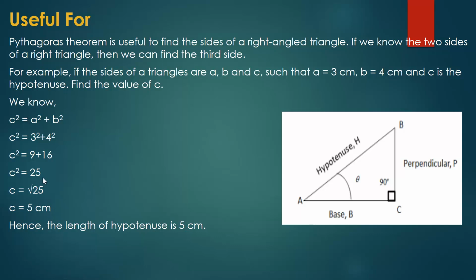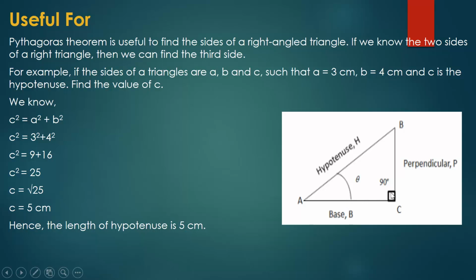We can also find the value of a and the value of b by interchanging these values in this formula. In this diagram, you can see the hypotenuse and the other two sides of the right angle triangle.